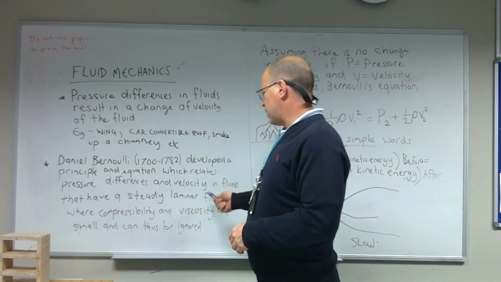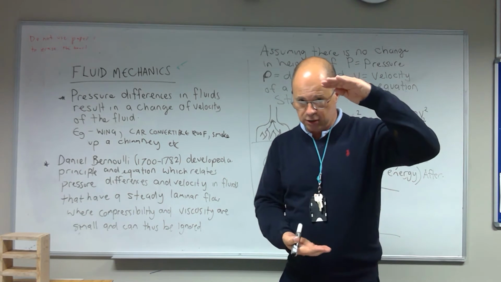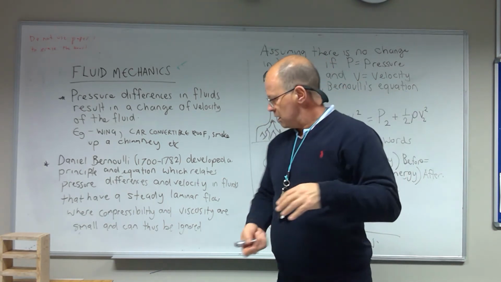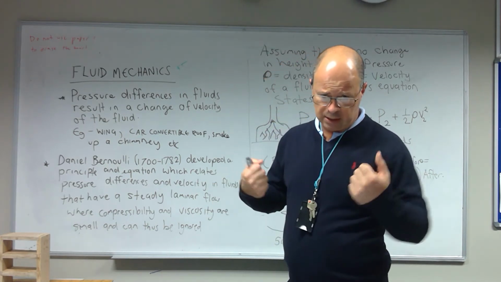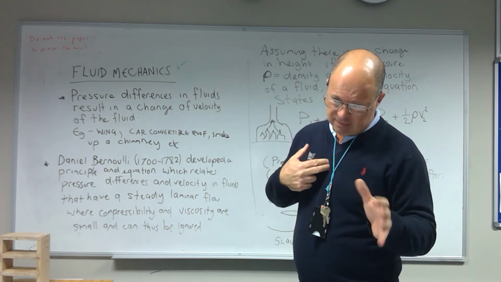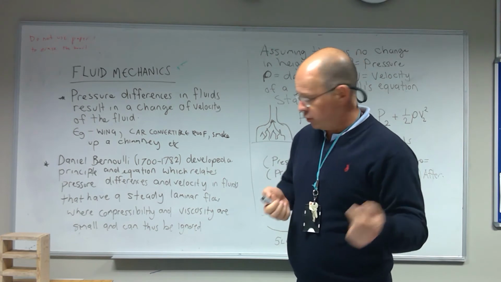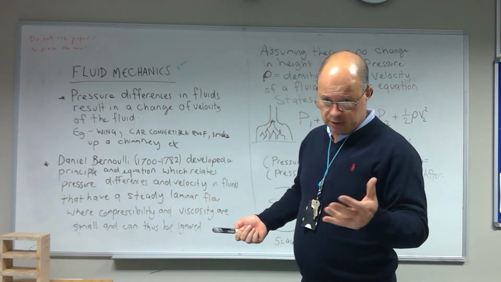So we need to have laminar flow, and compressibility has to be very low, so you can't have a fluid that's really spongy and easy to compress. Hydraulic systems work this way, and oils and even water are very hard to compress. Air is a little bit compressible compared to water and oil, but we can still apply Bernoulli's principle to it on some level.